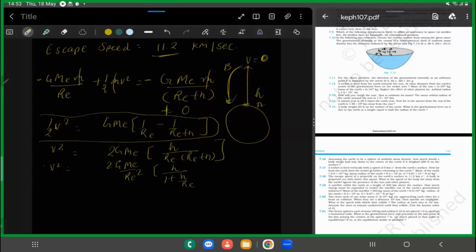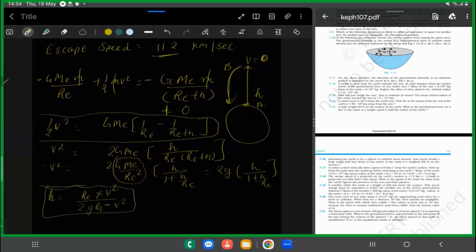And G Me by Re squared is nothing but the acceleration due to gravity, so this equals twice g h upon (1 plus h by Re). If we simplify this expression, we get h equals Re v squared upon (2 g Re minus v squared). So this is our final expression for the height.